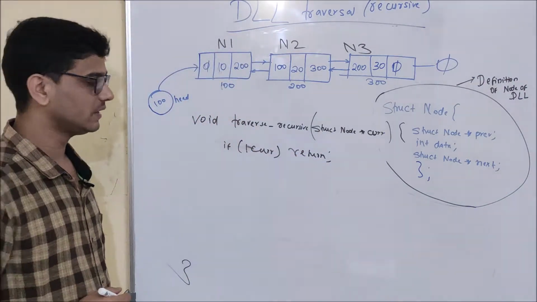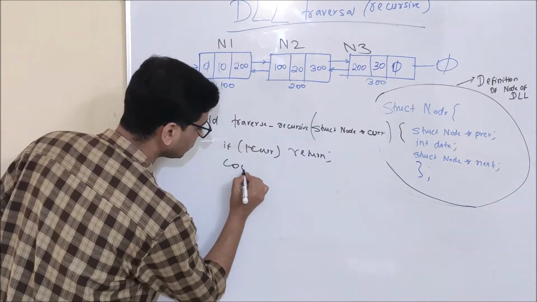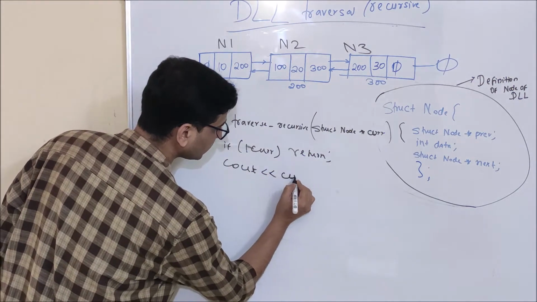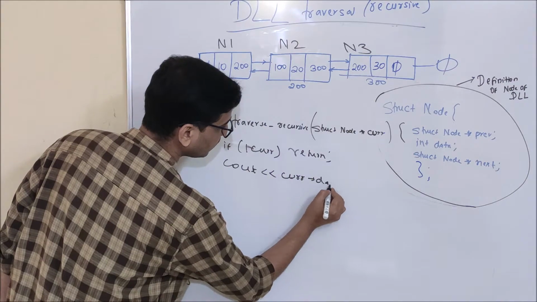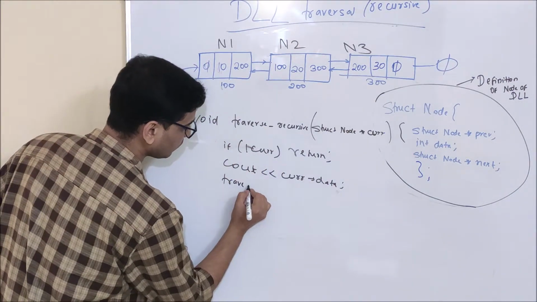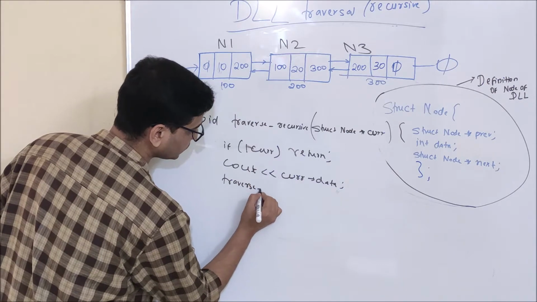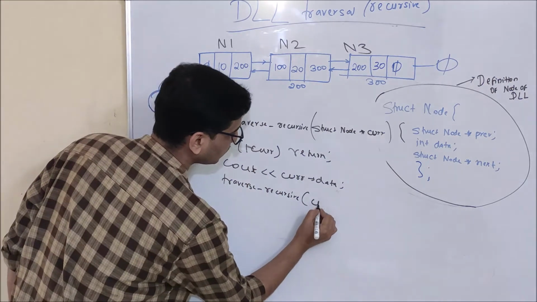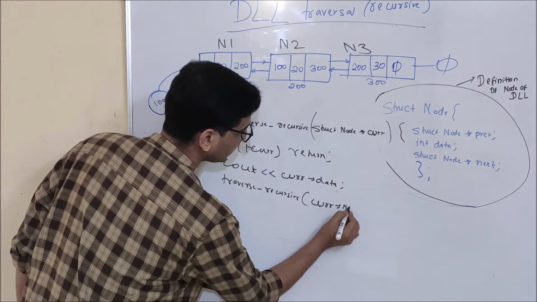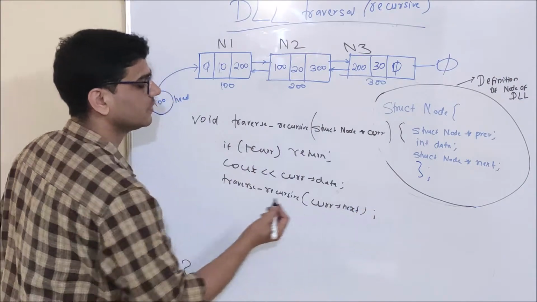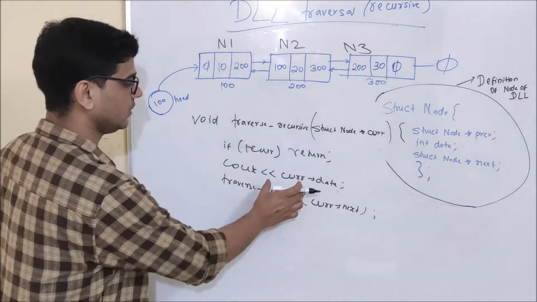And if it is not the case, then we will print first of all data, that is cur dot data, and next line we will make a function call to traverse recursive current dot next.